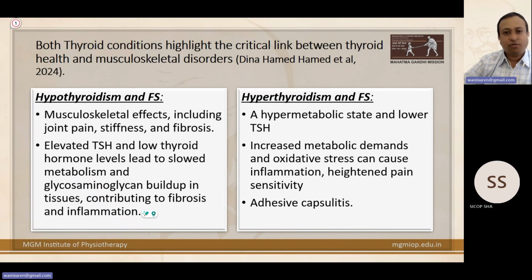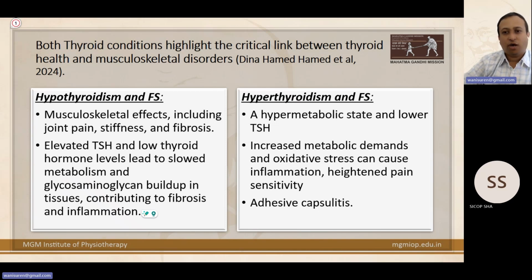Regarding the link between hypothyroidism and frozen shoulder, they have discussed that the elevated TSH level and low thyroid hormone levels in hypothyroid patients may lead to slowed metabolism and glycosaminoglycan buildup in the tissues, which contributes to further inflammation and fibrosis of the capsule and the non-contractile structures around the shoulder joint, and may contribute to the development of adhesive capsulitis.